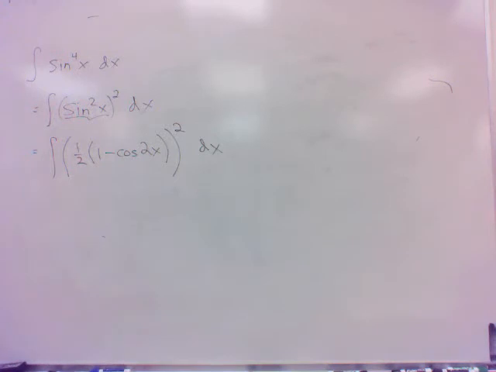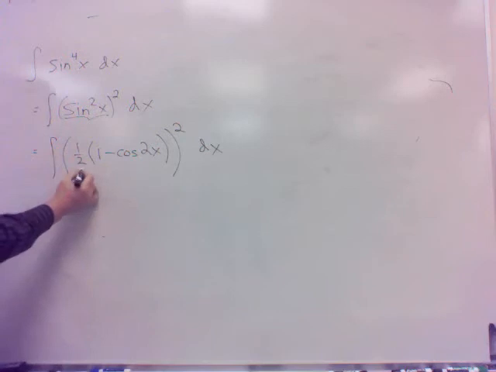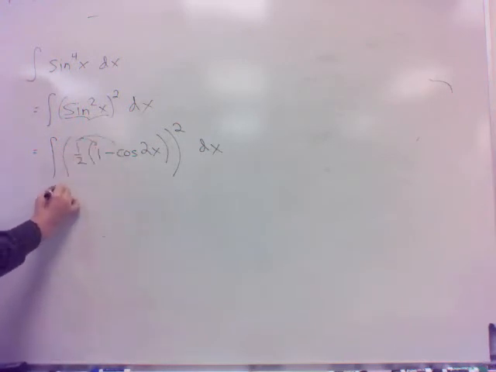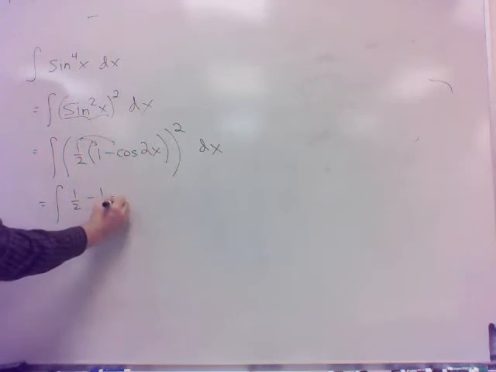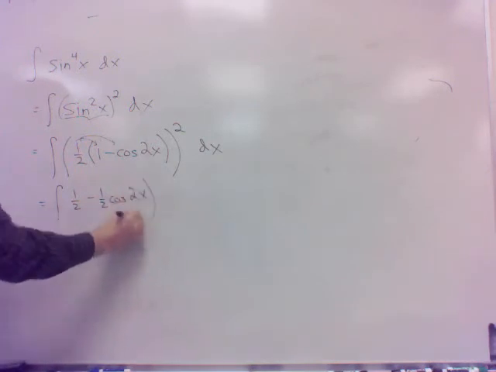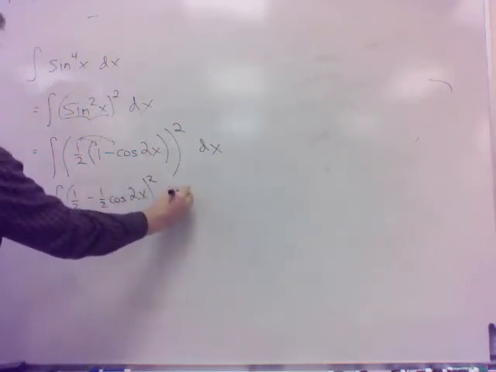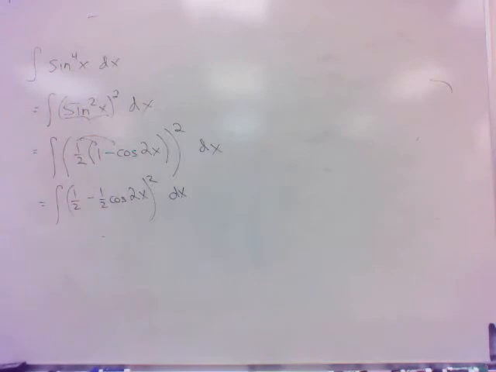Not too bad. You can do what you want to, but I probably should just go ahead and write the double angle as 1/2 minus 1/2 cosine 2x. Because that's really probably the way you should look at it.